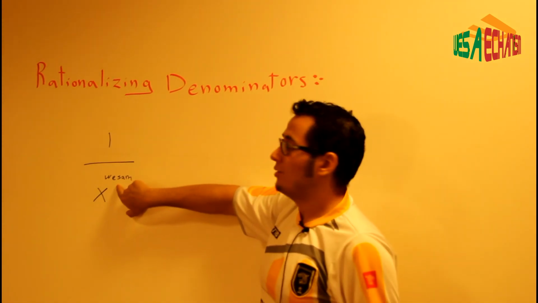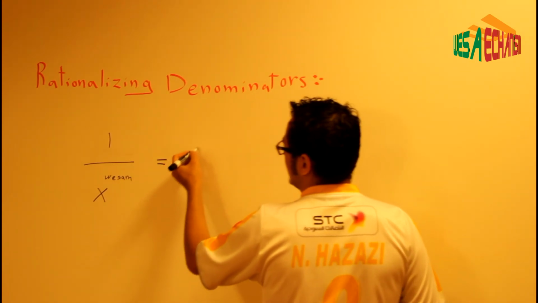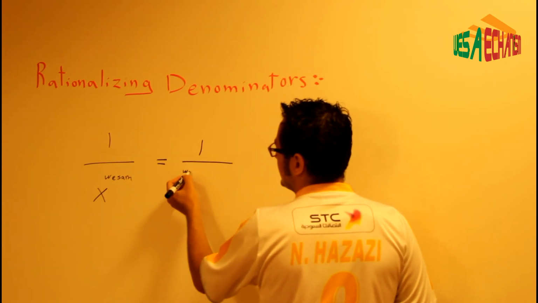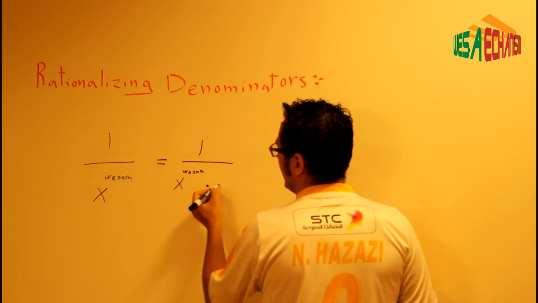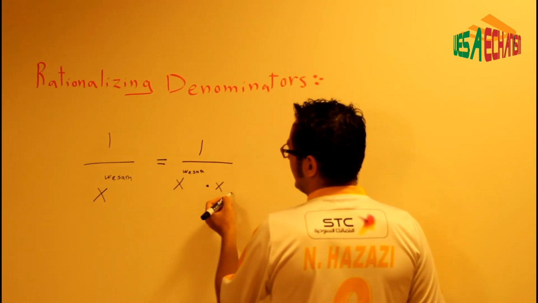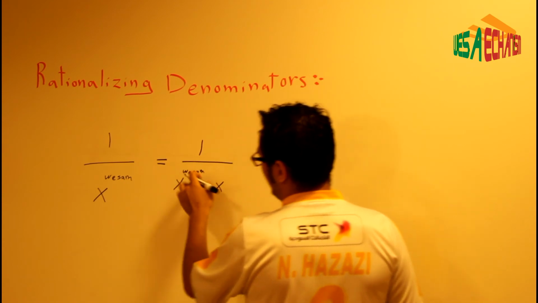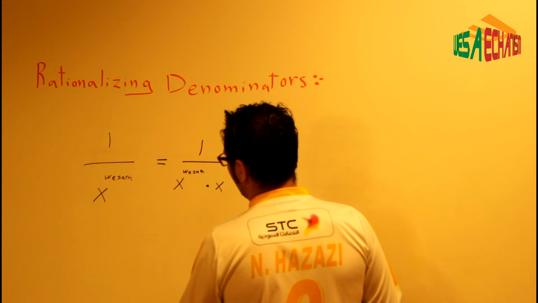We want to kick Wissam to the upper part. So we are going to say 1 over x to the power Wissam multiplied by x to the power, because in here we have Wissam. We don't want Wissam anymore. We want to kick Wissam out.